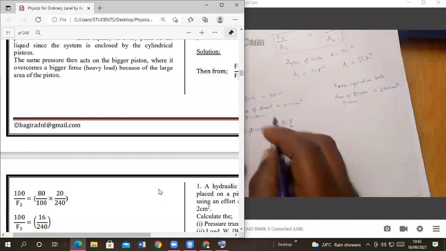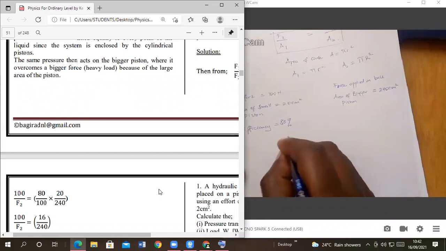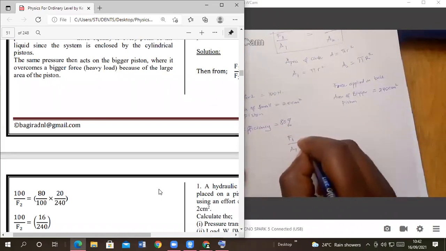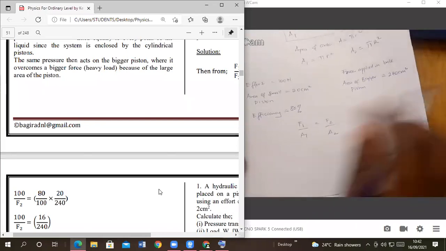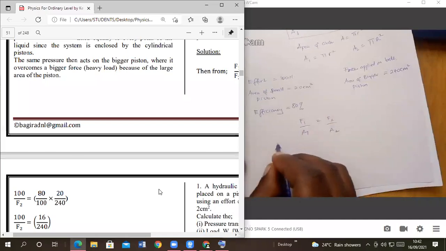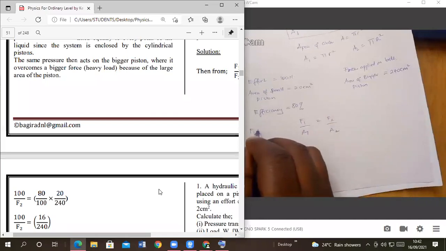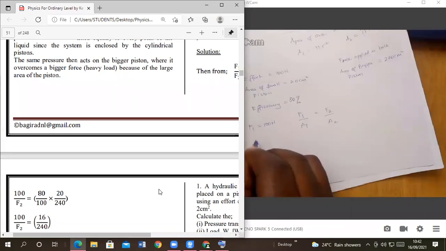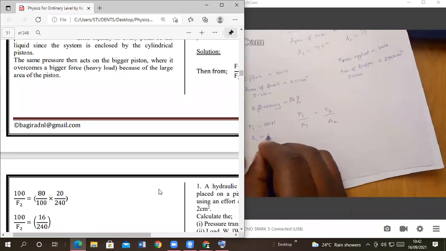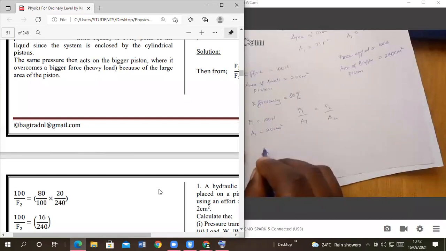What we are going to do is use this formula: F1 over A1 equals F2 over A2. Now you should know that our F1 is 100 newtons. Our A1 is 20 centimeters squared.